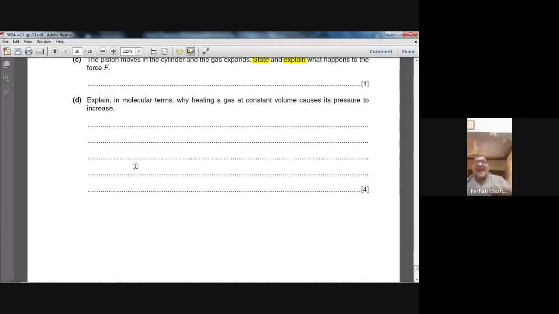Heating a gas at constant volume, the volume cannot change, the volume is constant. Why does it cause its pressure to increase? You know, the pressure and the temperature of the gas, if the volume is kept constant, are directly proportional to each other. So if you increase the temperature, the pressure will increase if the volume is constant.